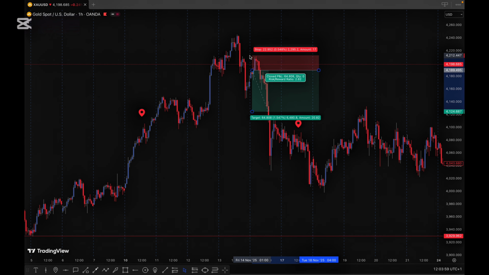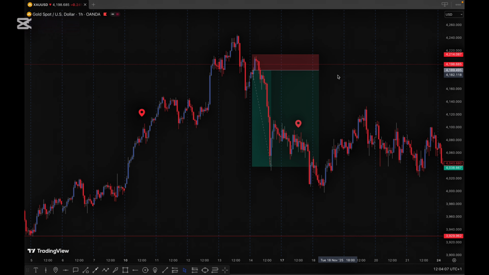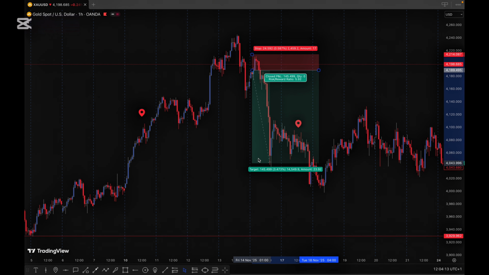The goal is to make profits from the price fluctuation, that is from the point of buying to when the price has moved further. So this area marks your profitability, that is how much profit you want to gain from that trade.